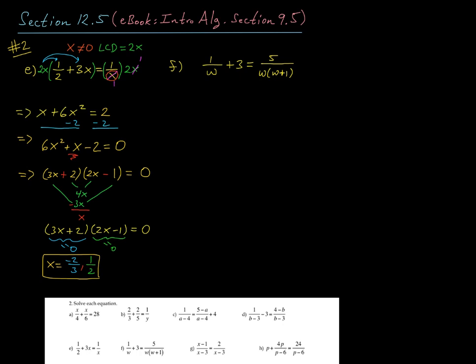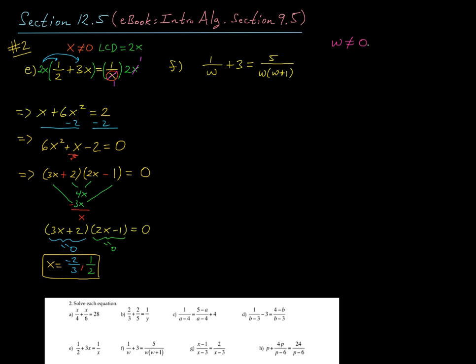All right, and then for F, we have 1 over W plus 3 equals 5 over W times W plus 1. And so again, we'll start by looking at restricted values. So what can W not equal? Well, it can't equal 0 from this first denominator here on the left side, and also, notice there's a W there on the right side in the denominator, so that's also going to prohibit W equals 0.